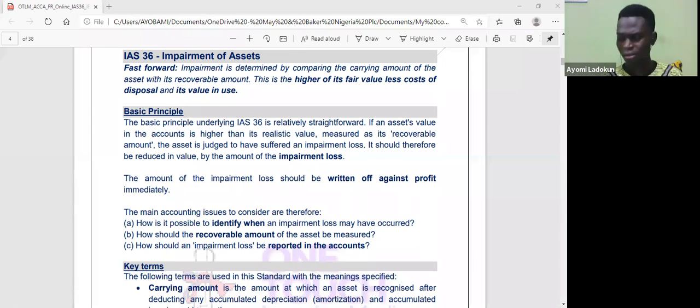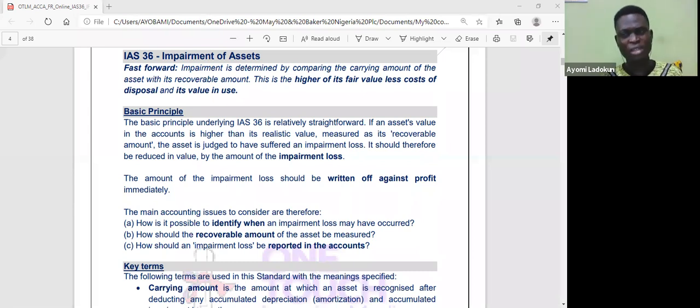Let me pick out some keywords. We have depreciable amount. So what do we call depreciable amount? If I want to compute my depreciation charge in a particular year, I can use the straight line method or the reducing balance method.